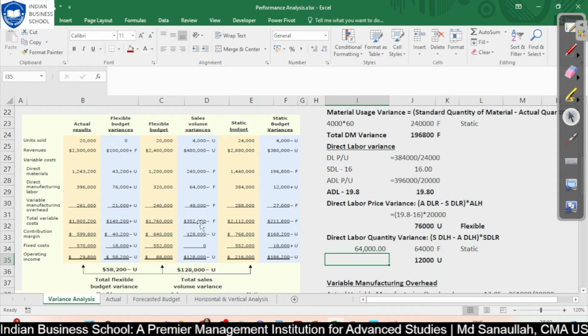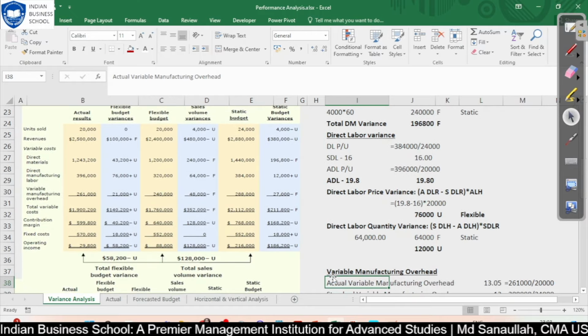The name of this difference between the flexible budget and static budget is volume variance, or we can say quantity variance, or usage variance. Don't get confused: note down that quantity variance and volume variance are different names for the same thing. In an examination they sometimes ask the same question in a different way, but the meaning is the same.